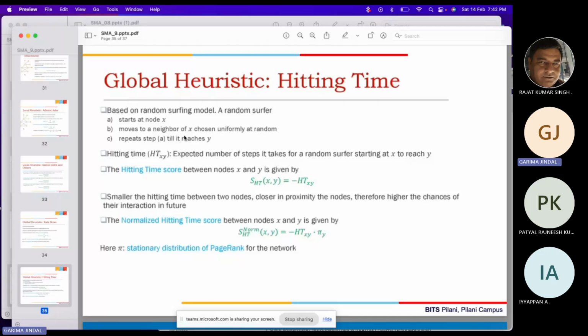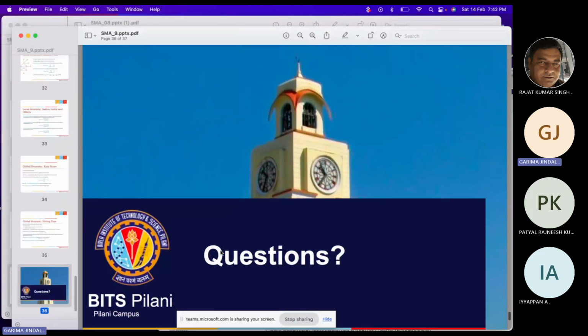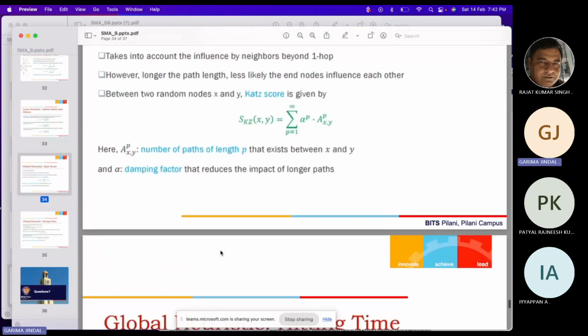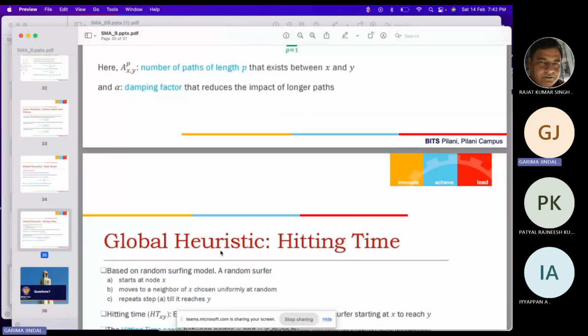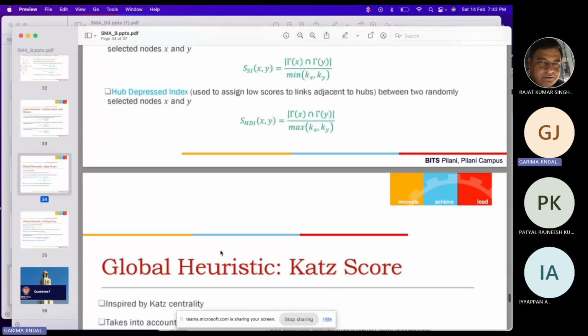What will be the hitting time? So we are going to calculate the expected hitting time, and using the expected hitting time, you can calculate these two measures.